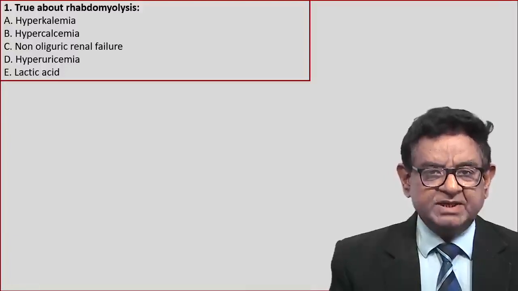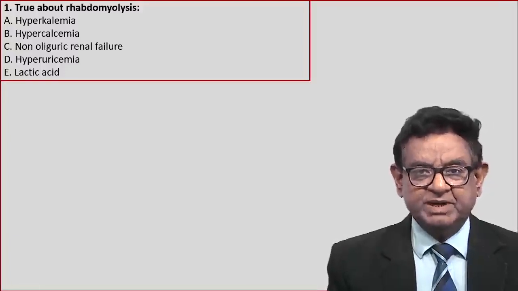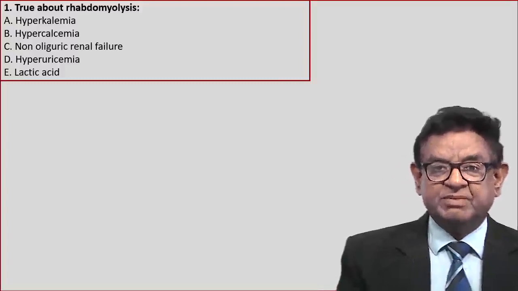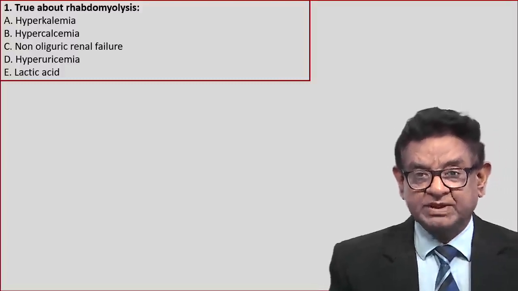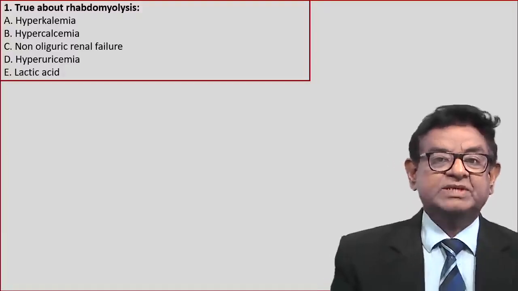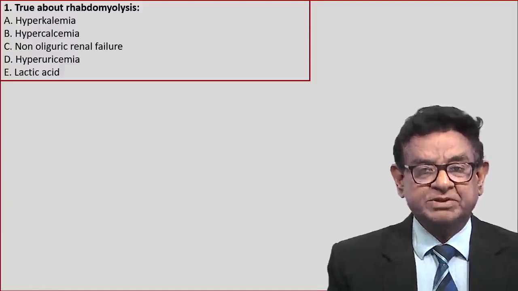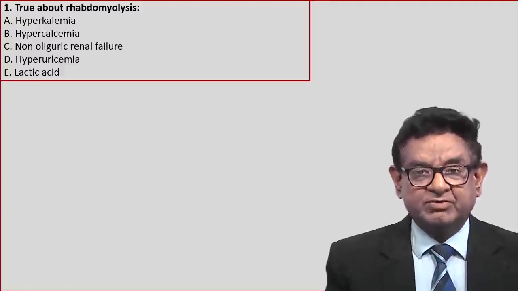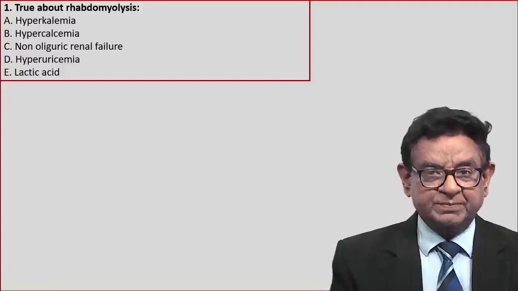Because of the heavy pressure of the building material, if the rescue team comes after maybe a few hours and the person is rescued, during that time the thigh muscles, under great pressure, all get broken down and are converted into urea and creatinine.